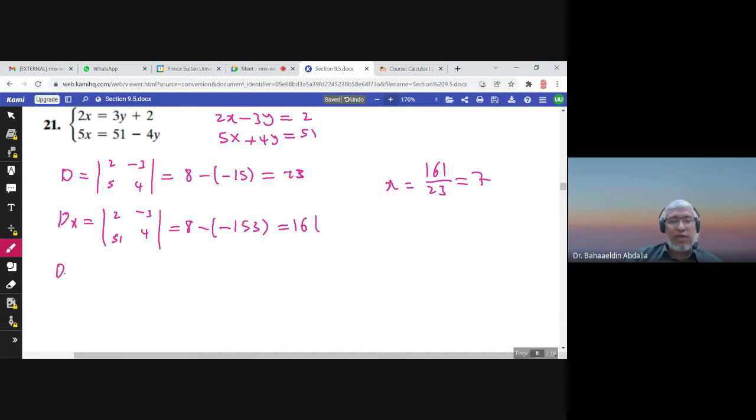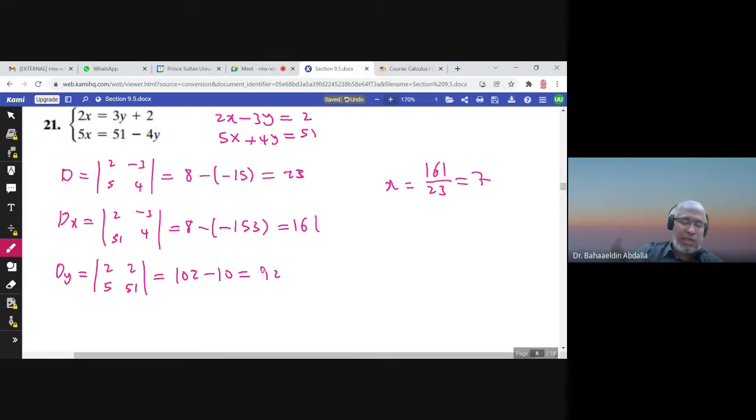Let us find dy. I keep the column of x, 2, 5, and replace negative 3, 4 by 2 and 51. 2 times 51 is 102 minus 10.